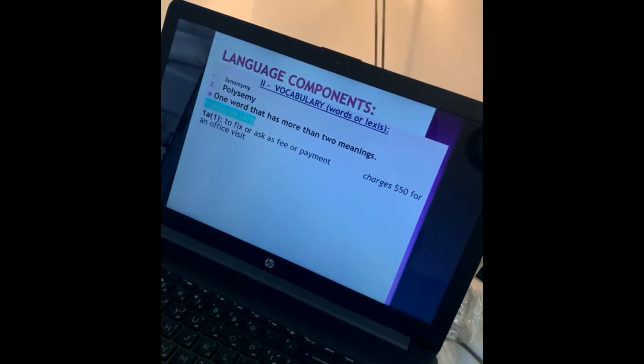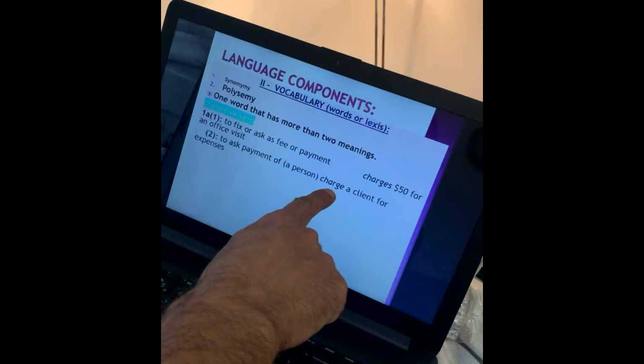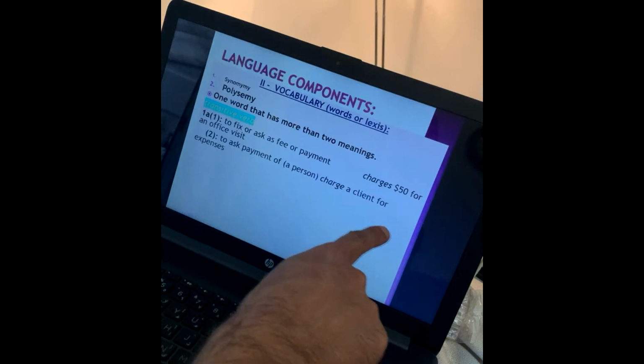You ask. So here we are talking about when you are looking at a verb that is transitive. Transitive منهم يأخذ متعدي ومنهم لا يأخذ متعدي، يعني حسب ما بيأخذ مفعول به، وأفعال باللغة الإنجليزية تأخذ مفعول به. To ask payment of a person or charge a client for expenses.